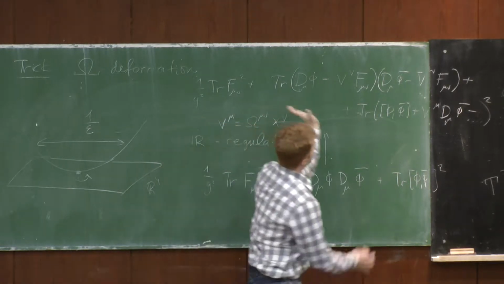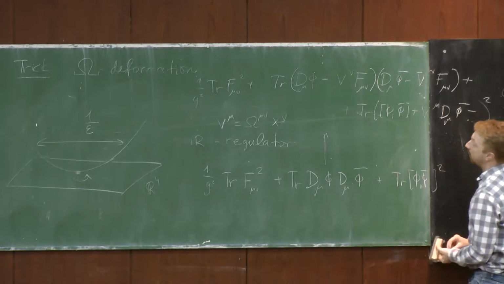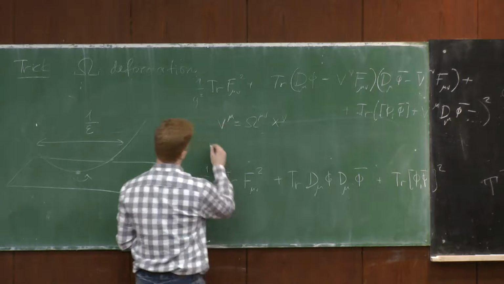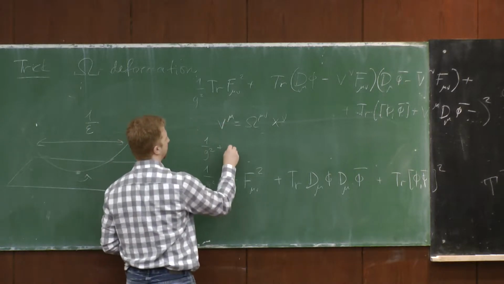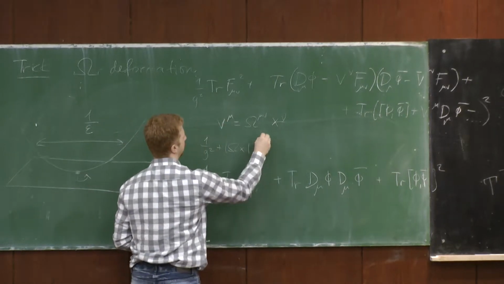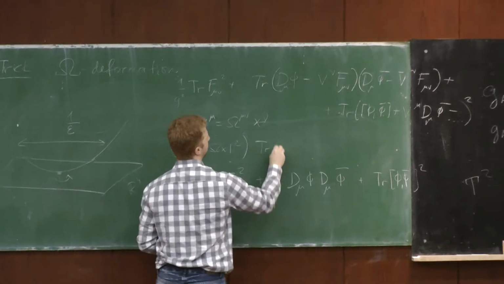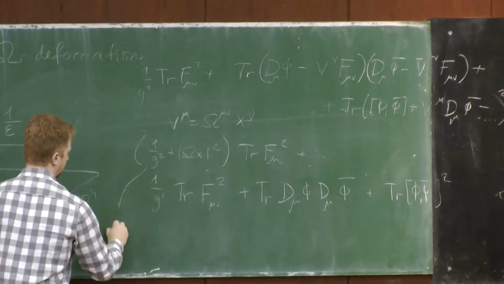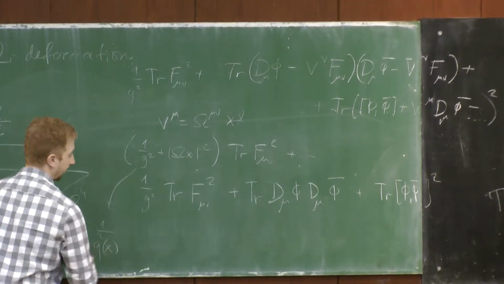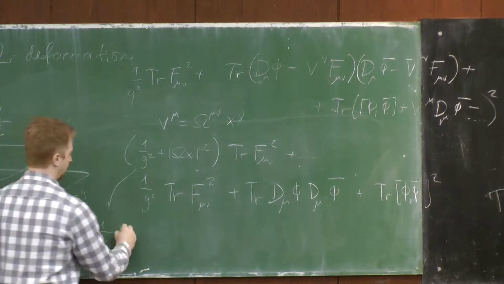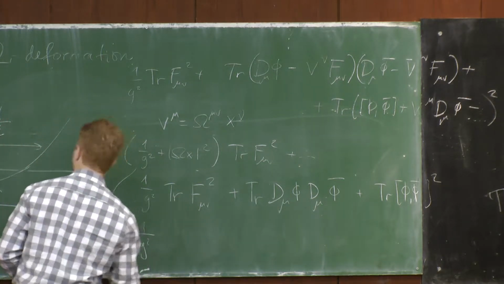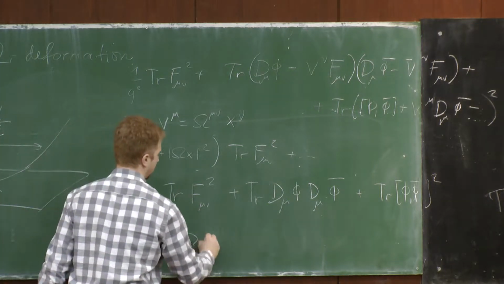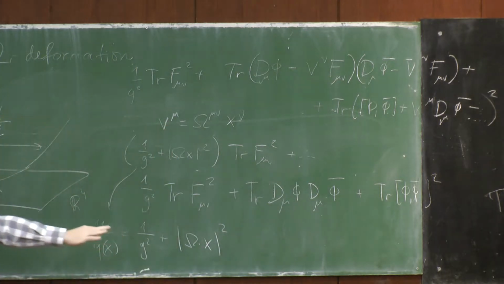And if you just collect, for example, all the terms which involve the field strength, what you will see is that effectively you get a space-dependent gauge coupling constant, which starts to be finite at the origin of rotation and then becomes extremely weak far away.